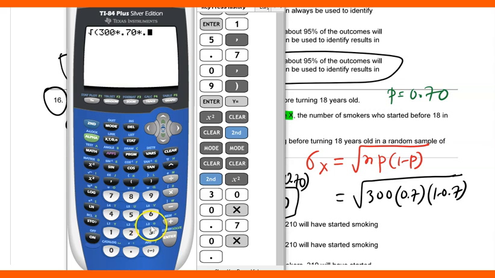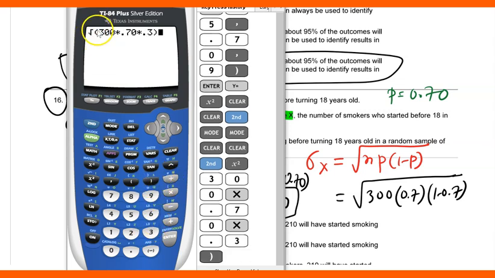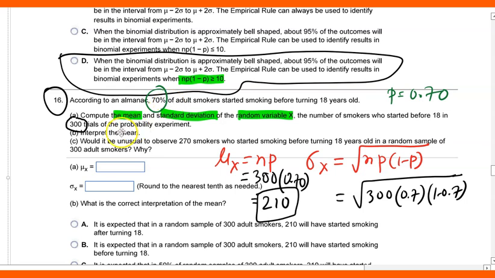Close the parenthesis, because you started before the square root, so you have to close it and find the square root of everything. It's 7.993, and it's rounded here to the nearest tenth. Therefore you write 7.9 for the standard deviation of the random variable, and the mean is 210.